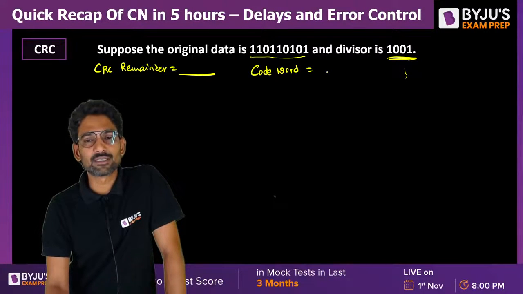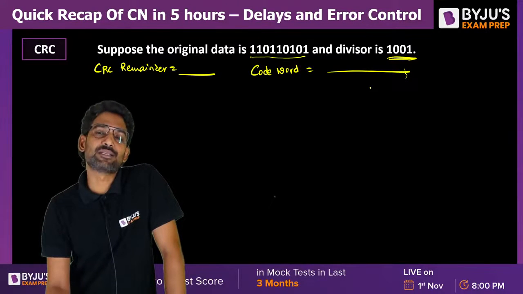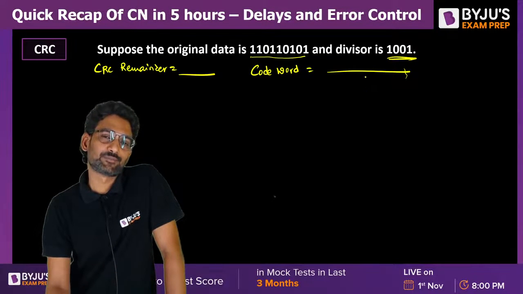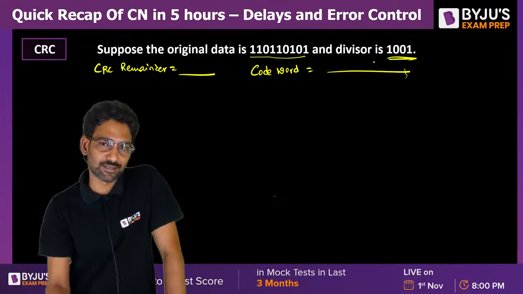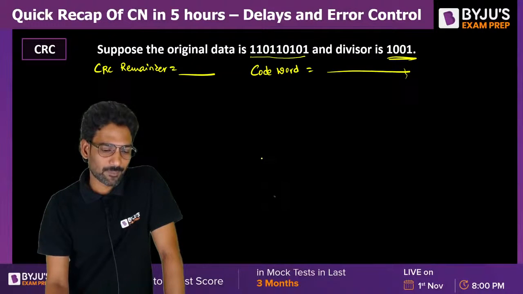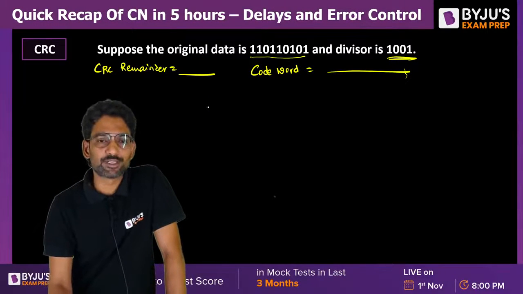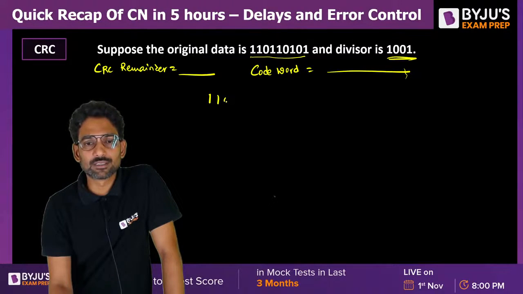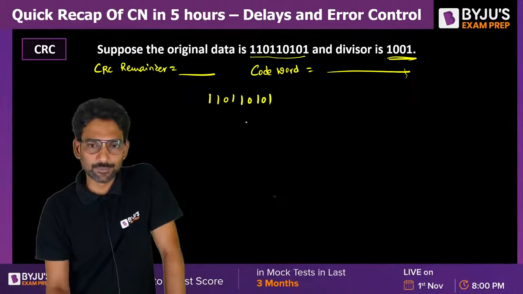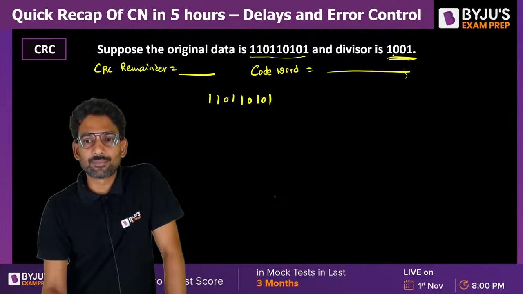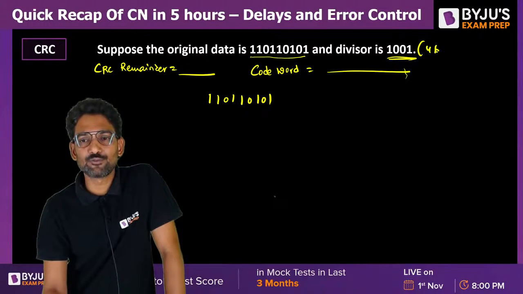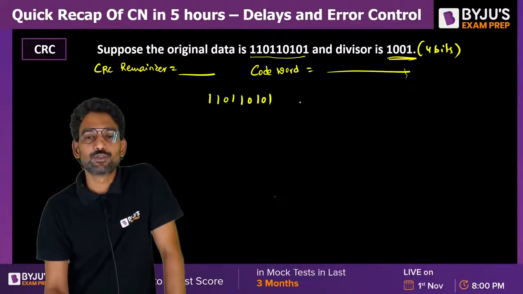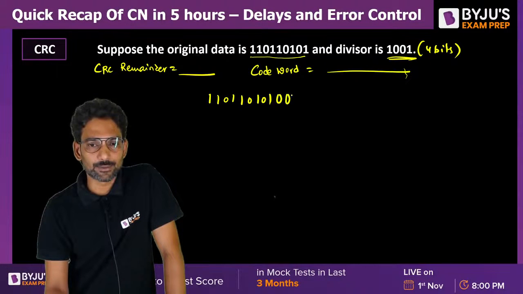Code word means what you transmit, after appending the CRC remainder. Okay, let us do it. Everybody do it along with me. So 1101 is the divisor, and 10101 is the dividend given. Now you see the divisor has 4 bits, so append 3 zeros.